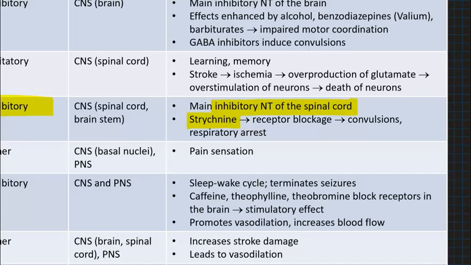Strychnine was widely used in the 19th century and early 20th century as a rat poison. Strychnine is an antagonist of glycine receptors. If strychnine binds to those receptors, glycine becomes useless and there is no more inhibition. Does that make sense?